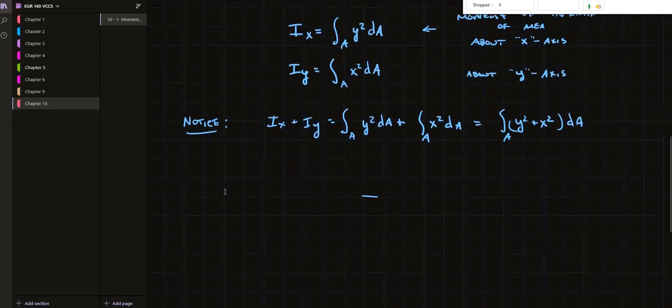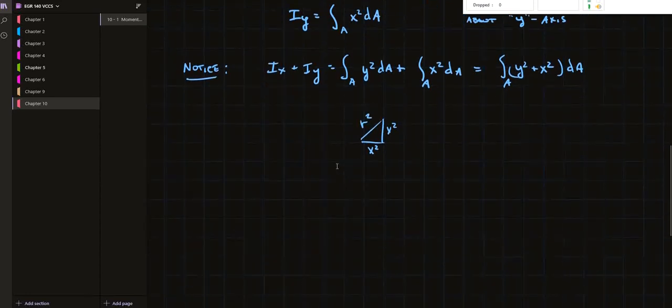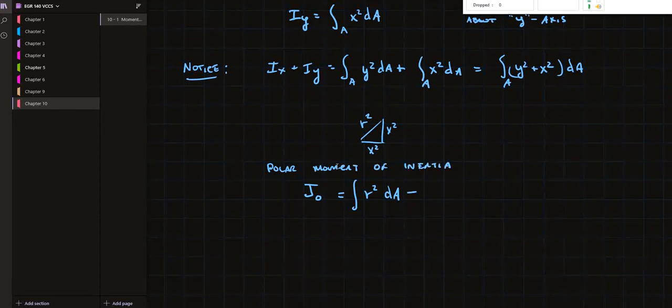Well, if we think about triangles, if we square this side and we square this side, we get the square of this side. So this then equals the integral of r squared dA, and we call this the polar moment of inertia. And again, it's equal to Ix plus Iy.